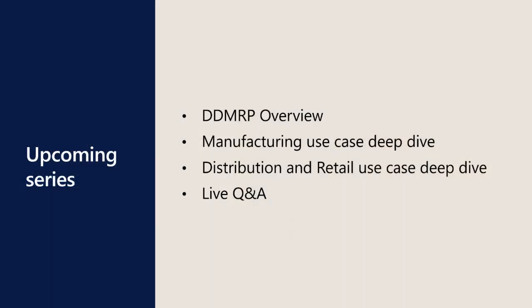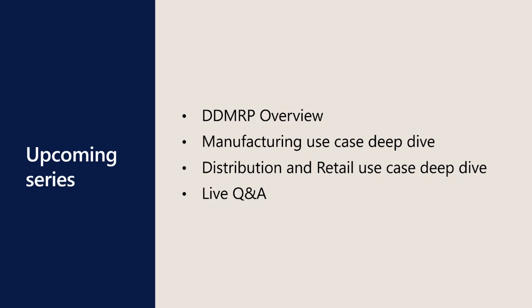Before we dive into this topic, we want to take a minute to pause and note that DDMRP functionality, which is short for Demand-Driven Material Requirements Planning, is a big new feature to Dynamics, and in this session, we consider it to be DDMRP 101, the very basic introduction. How do you get started with Dynamics?